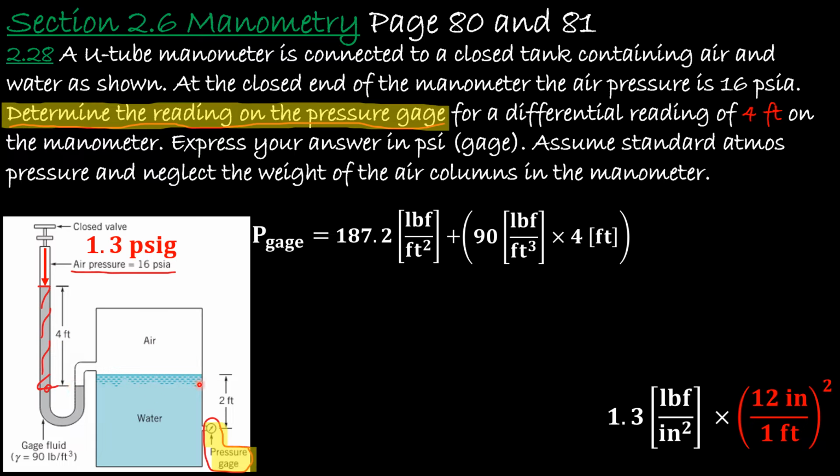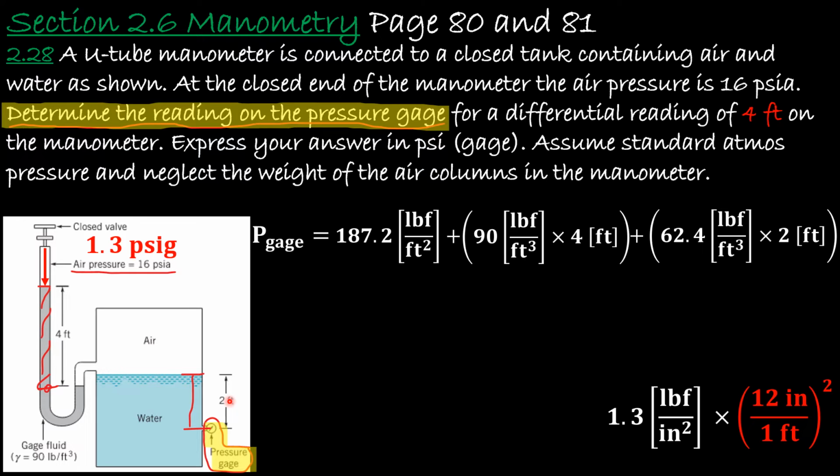Then we will continue for the water column. We are increasing in depth, so that will be positive. The specific weight of water, you can find it from any reference table, is 62.4 pound force per feet cube times the height of 2 feet.